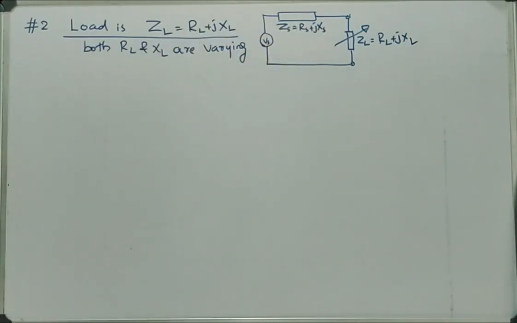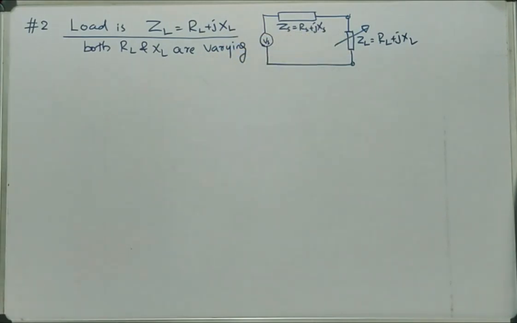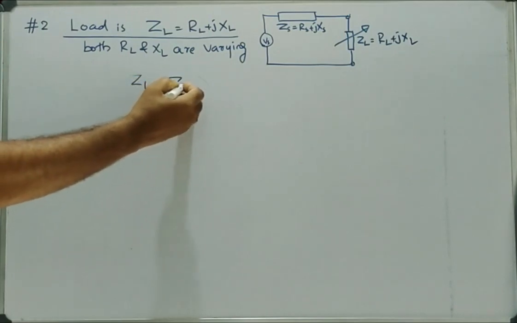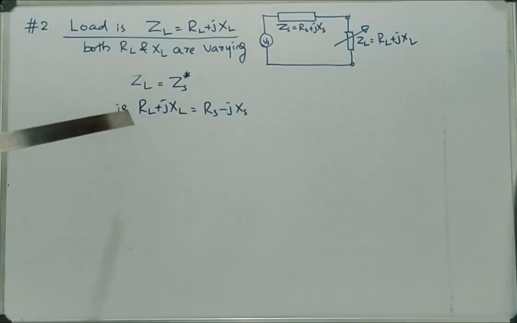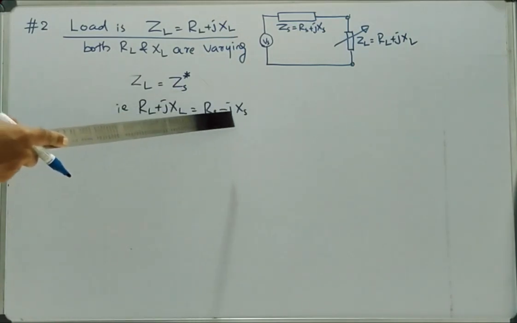According to the maximum power transfer theorem, in this circuit the power in the load impedance is maximum when ZL is equal to Zs conjugate, that is RL plus jXL is equal to Rs minus jXs.